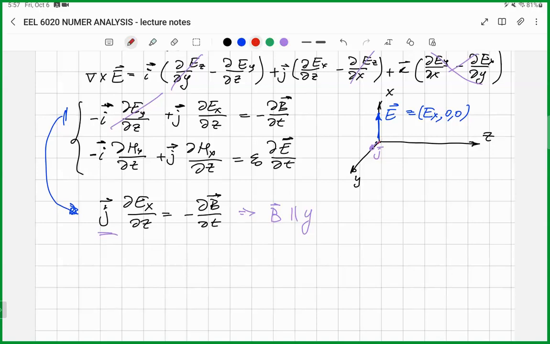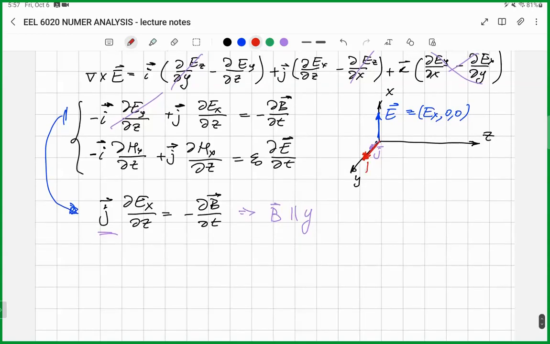This is the first interesting and important observation: the magnetic field in the plane wave is orthogonal to the electric field.